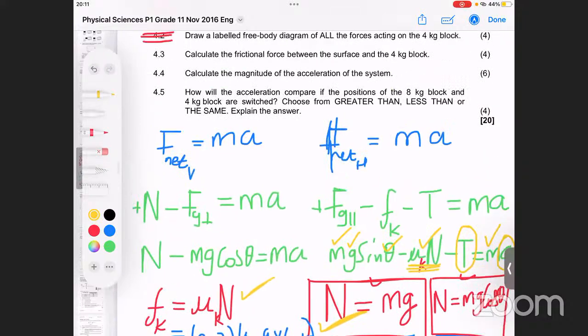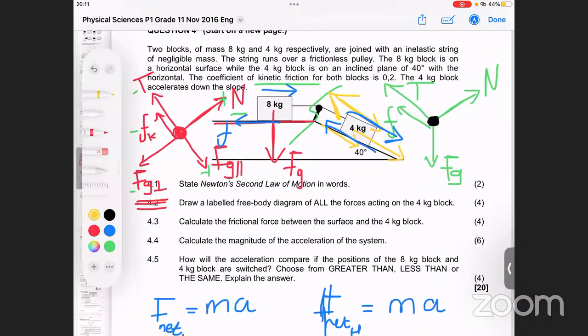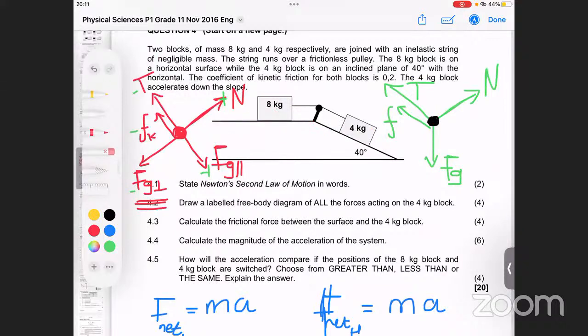Exactly what you said. You've answered my question. Yes, there's going to be a need to work it out simultaneously, but you will then need to remember that these two things are connected by that string.